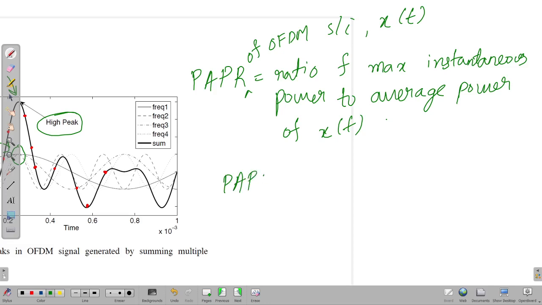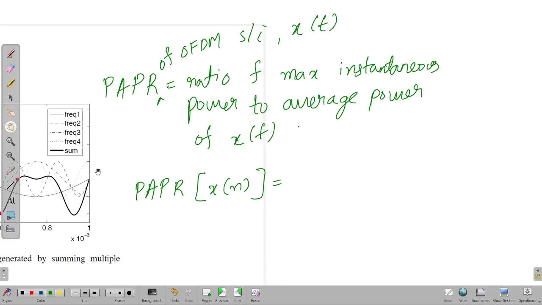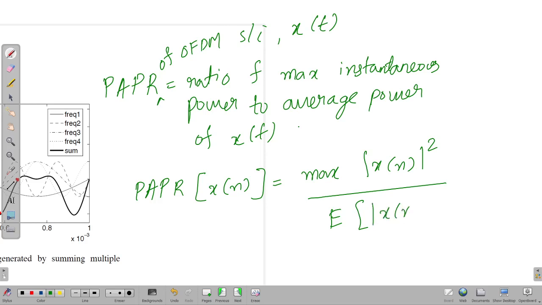The equation for PAPR of x of n can be written as the maximum of magnitude x of n square. You have x of n as amplitude, and when you take the square, it becomes power, divided by the expectation operator, which means I'm taking the average of x of n square.